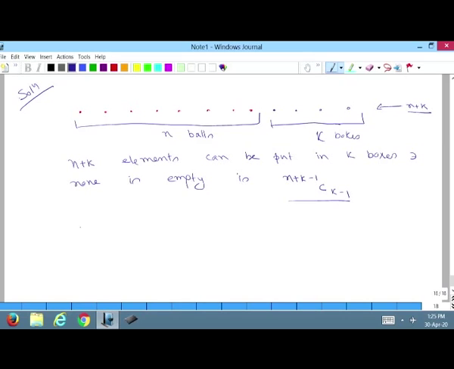Why? Because now we have k partitions, none of them is empty. So, how many balls are there? n plus k balls, right? Subtract 1 from each configuration.